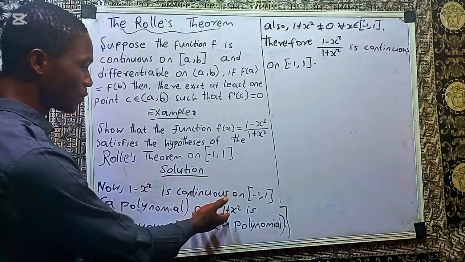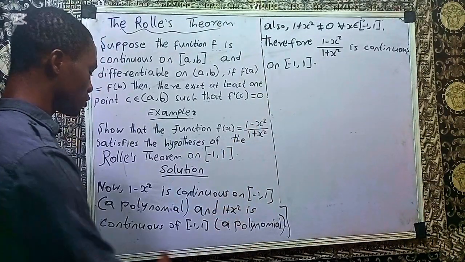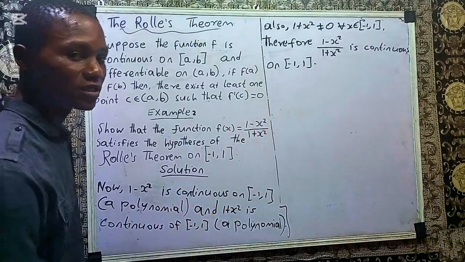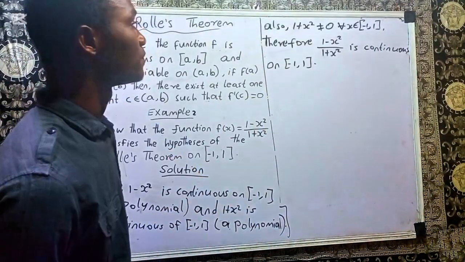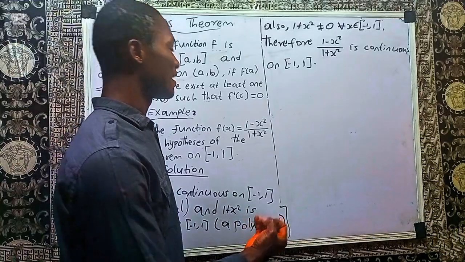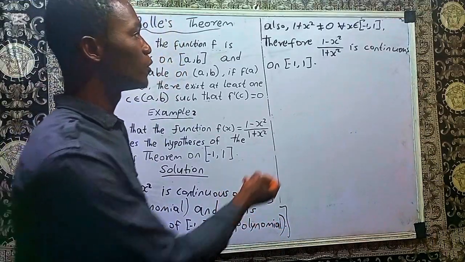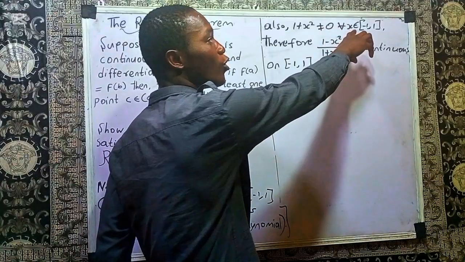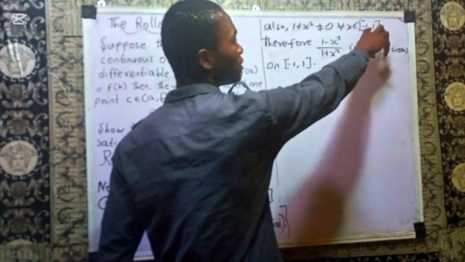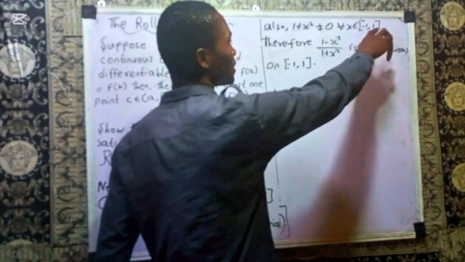And the denominator 1 plus x squared is also continuous on this given closed and bounded interval because it is what? A polynomial. And the denominator, 1 plus x squared, is not 0 for any number you pick from -1 to 1.